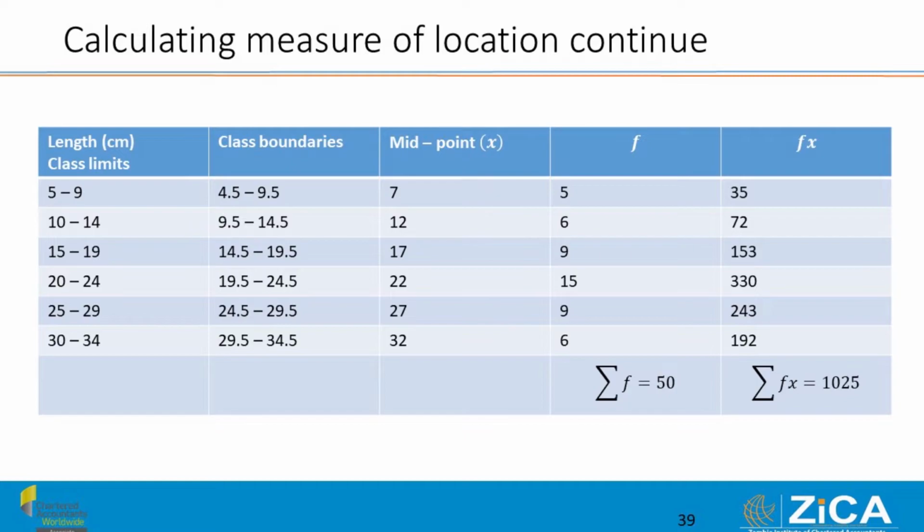Now, when you come to the solution, the 5 to 9, which we are given in that question, is what you call a class limit. So we find the class boundary for our class limit. That means since what we have is a whole number, from 5 we are going to subtract 0.5 to get 4.5.